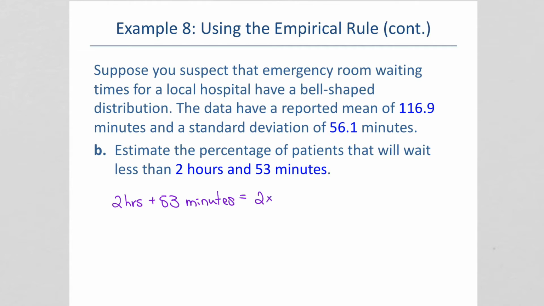That would be 2 times 60 plus 53, or 173 minutes. So we want the percentage less than 173 minutes.